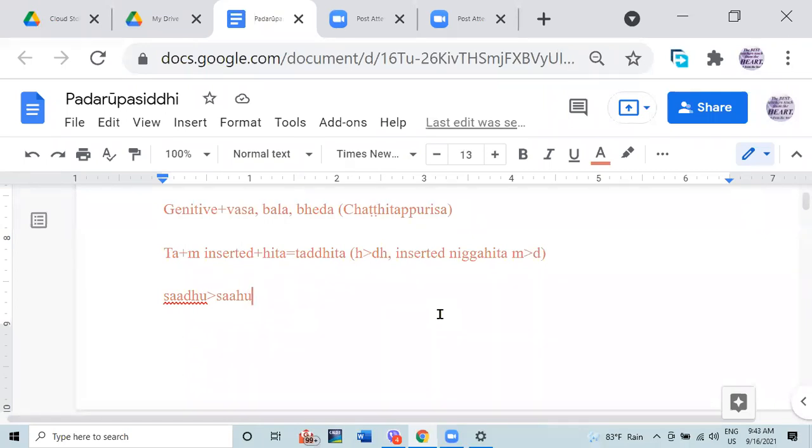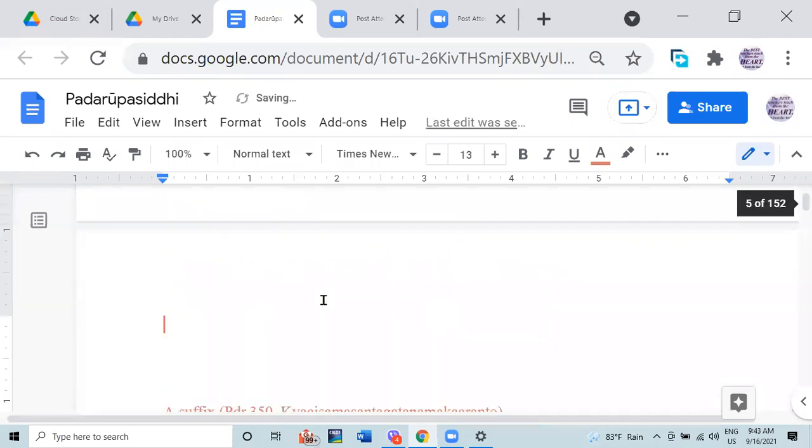There are other examples here. Taddhita is also like this. This hita is the root da. Hita is the root da and ta suffix.